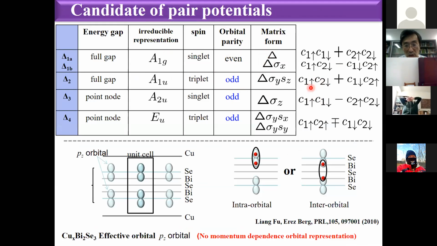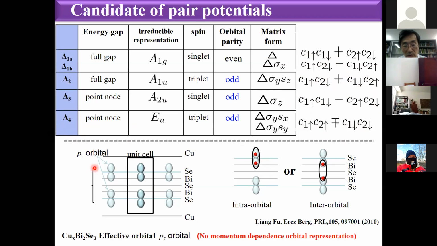This means that a Cooper pair is formed between orbital one and orbital two. So these four types of pairings are interorbital pairing. And among these interorbital pairings, delta 2 to delta 4 are topological pairings.